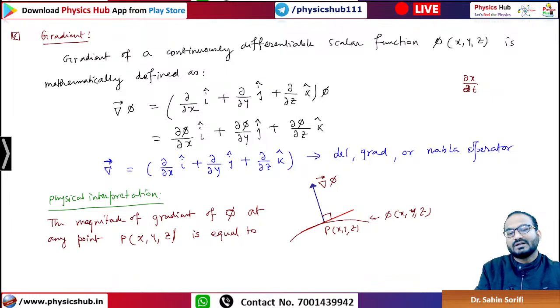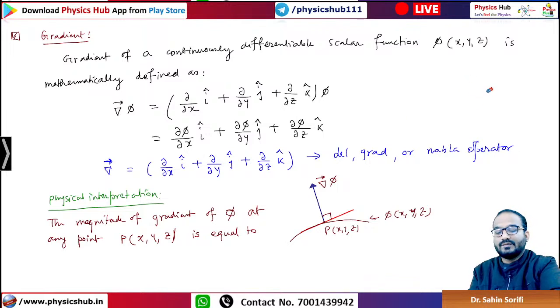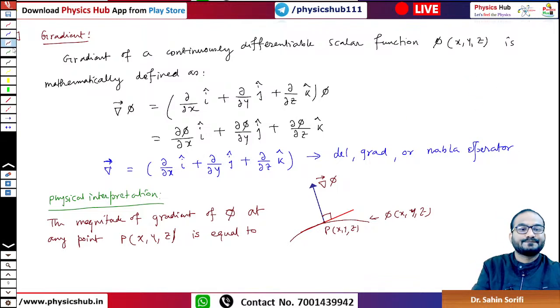In a similar manner, del phi by del x is the rate of change of phi with respect to x. So the same kind of thing is applicable here.